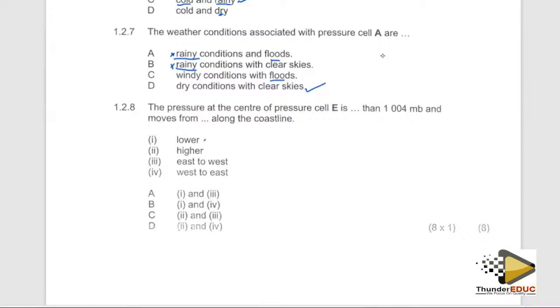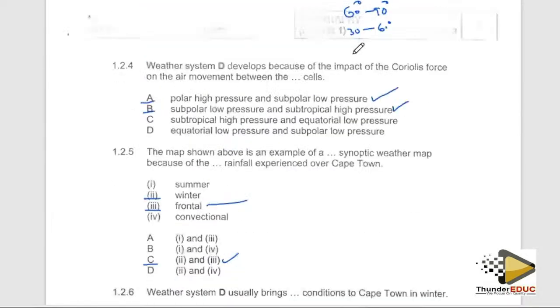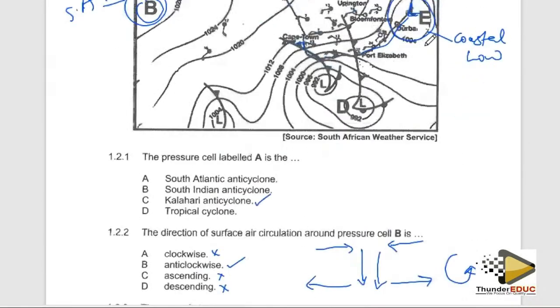That's going to be lower because like we mentioned, E is a coastal low, and as well you can see if we check again here, this is 1000. If you look at this isobar, it is 1004 millibars. If you check the next one, 1008, so the next one 1012.